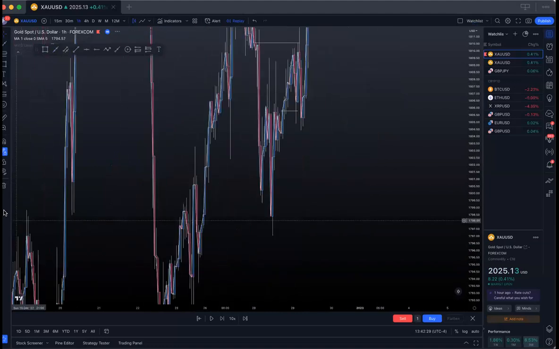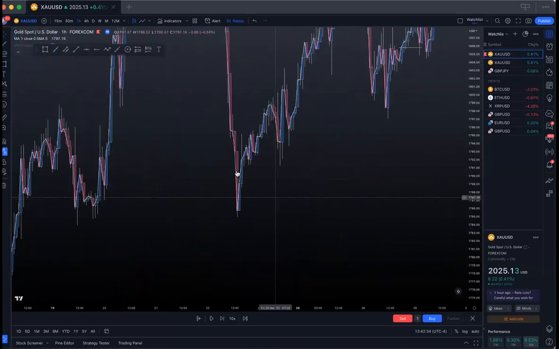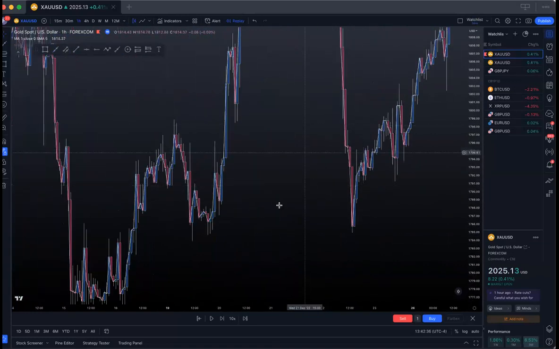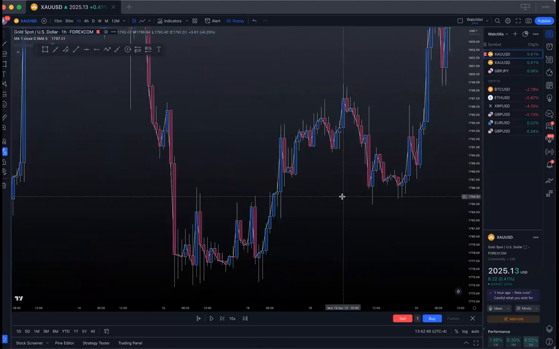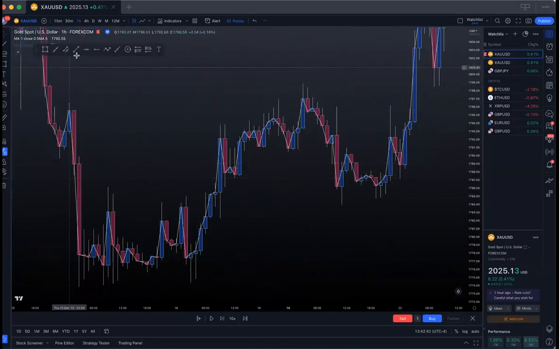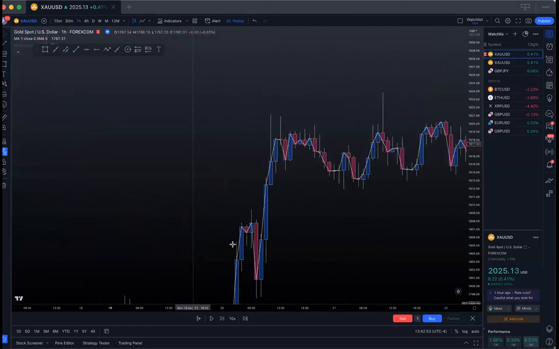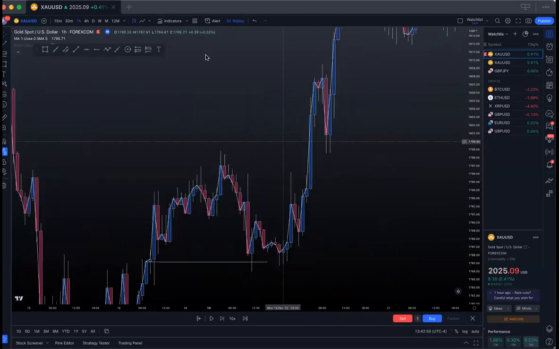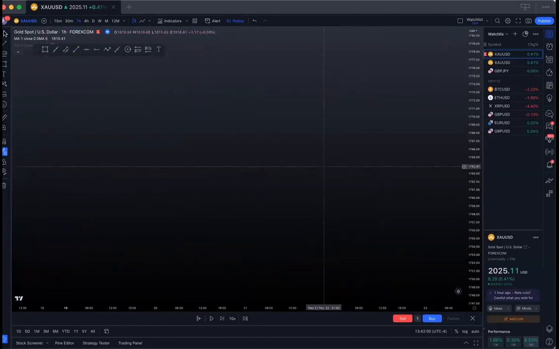This one, I don't like it. Another example of a gap. This is a good one, this is easy. Gap, test, that's number 2. Pop.